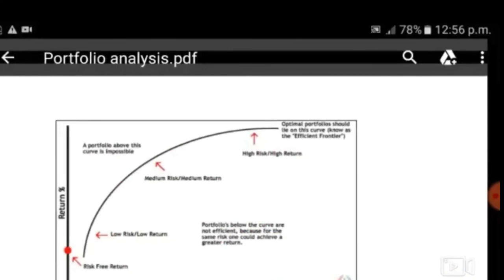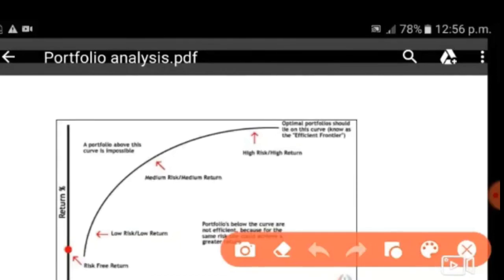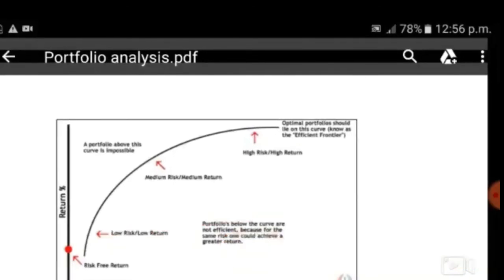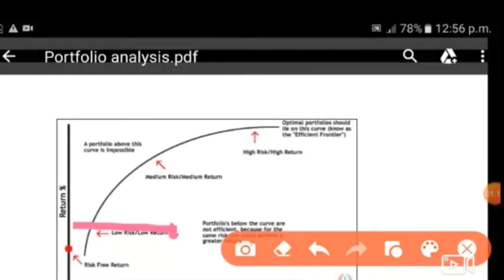And the second one: all the portfolios to the right of the efficient frontier would not be good enough, as there is higher risk for a given rate of return. Suppose you take a portfolio here, you get a return but the risk is very high.